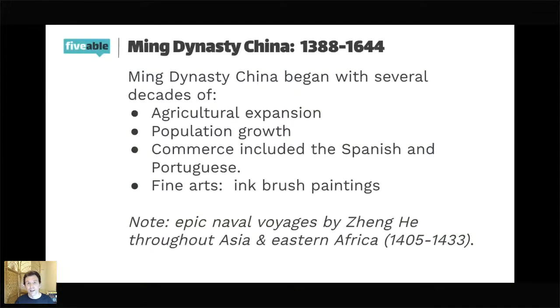When people have plenty of food, population grows. Also, commerce increases, including with the Spanish and the Portuguese. You're going to see the Spanish in Canton, or what is Guangzhou today, and also the Portuguese in Macau. And in the fine arts, for instance, you'll see great things like ink brush paintings.